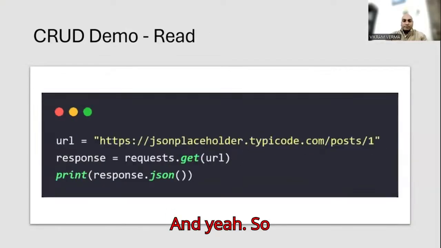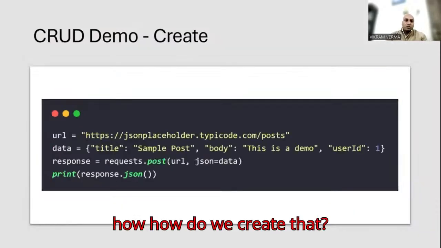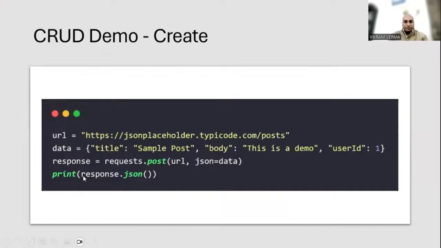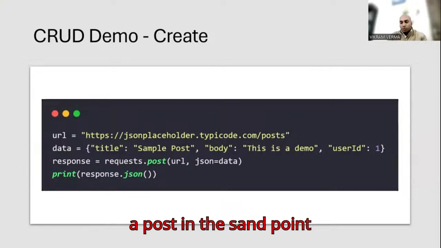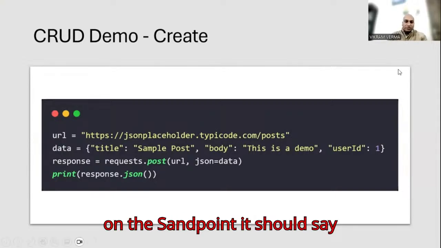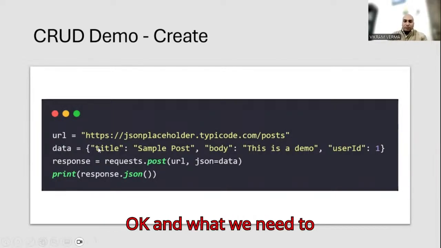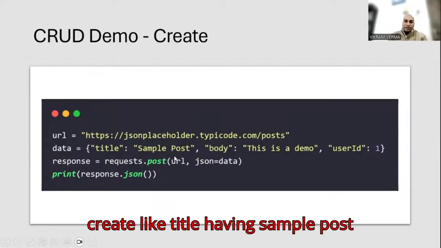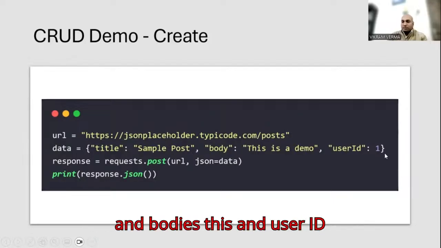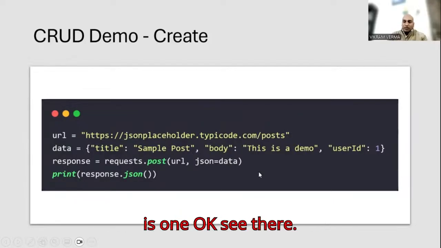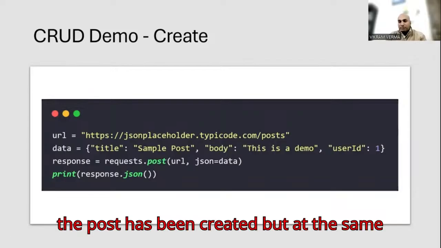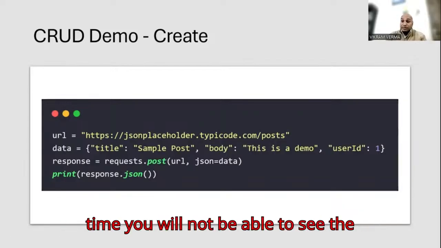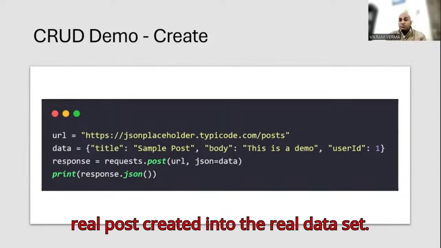How do we create a post? We need to create a post on this endpoint. What we need to create: a title, a sample post, a body, and user ID 1. There you will get the output that the post has been created, but you will not see the real post created in the real data set. Why is it so? Because it is a mock API.